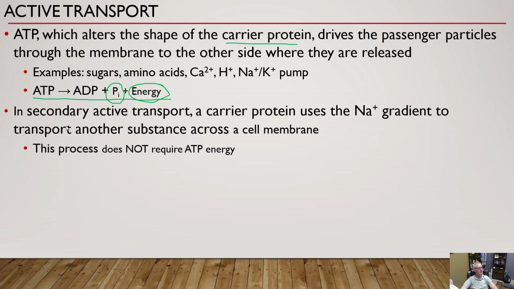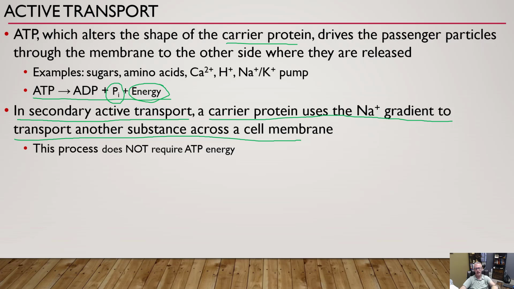We're releasing energy. And then we have this statement here. We have this secondary active transport. Basically, it's a carrier transport that uses a sodium gradient to transport another substance across the cell membrane. But it says it's not an active process. It doesn't require ATP. We'll go into that later on.